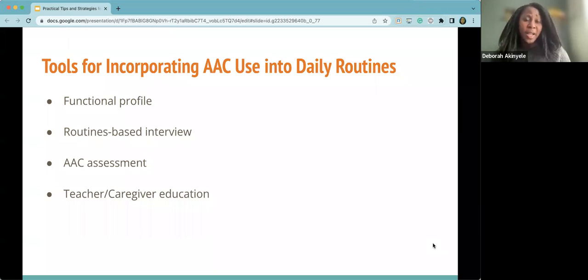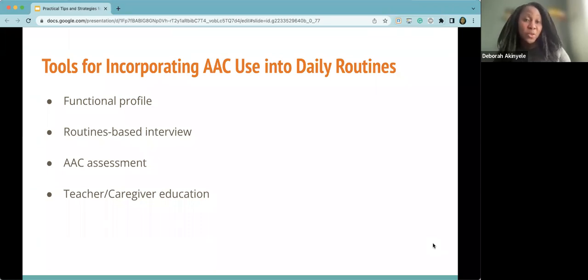Those are all opportunities to identify what a client can do independently, and how an AAC tool or device can be a part of that. And because that is something that would be happening on a day-to-day basis, there is a built-in opportunity for that tool or that device to be used functionally, and for the client to really associate how they're using the device with the routine that they're already familiar with.